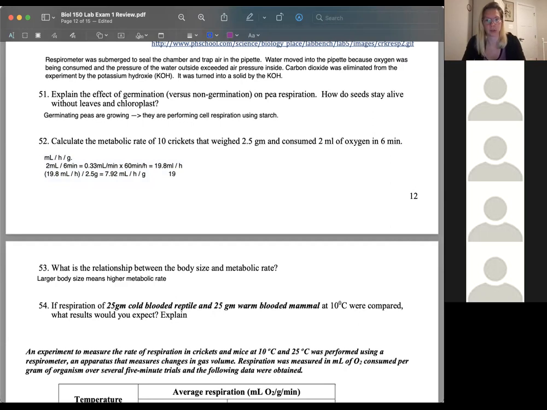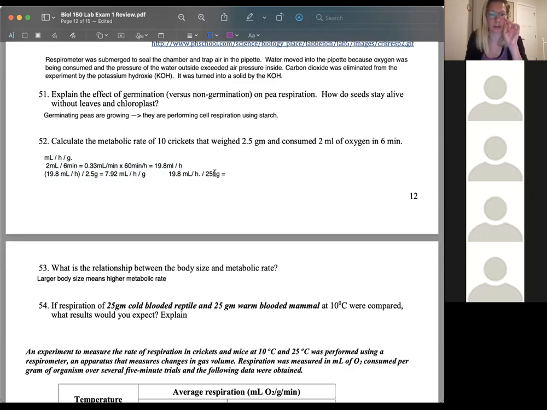So let's say it was 19.8 mils per hour divided by 250 grams.